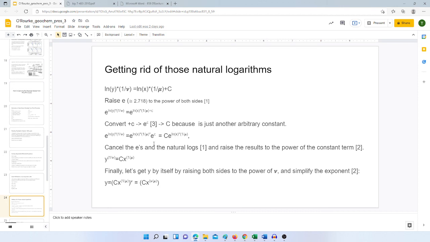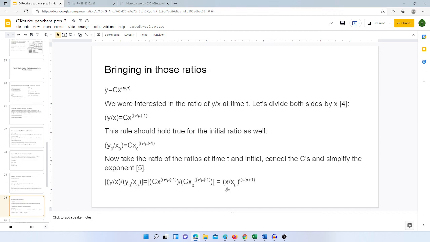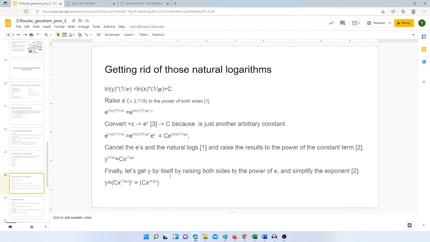So the left and the right. Now we can cancel the e's and the natural logs using rule 1, and we can raise our remaining variables to their constant terms, which is why I've written it like that. So we get the form y to the 1 over nu power is equal to c times x to the 1 over mu power. Now to get y by itself, all we do is raise both sides to the nu power and simplify using rule 2.